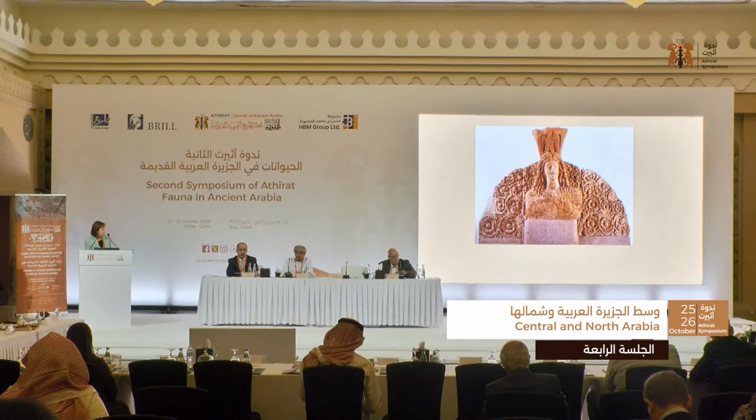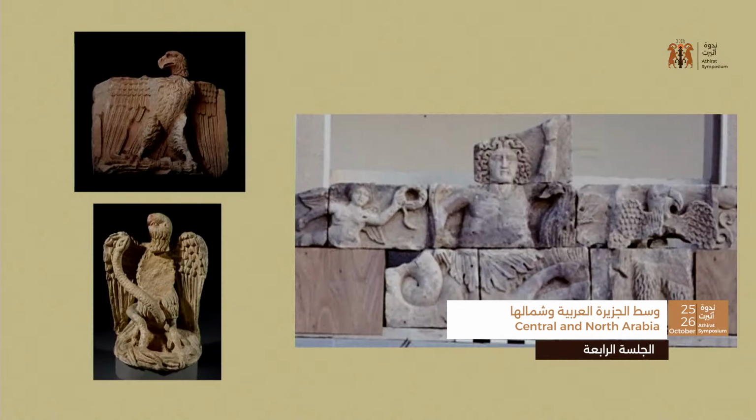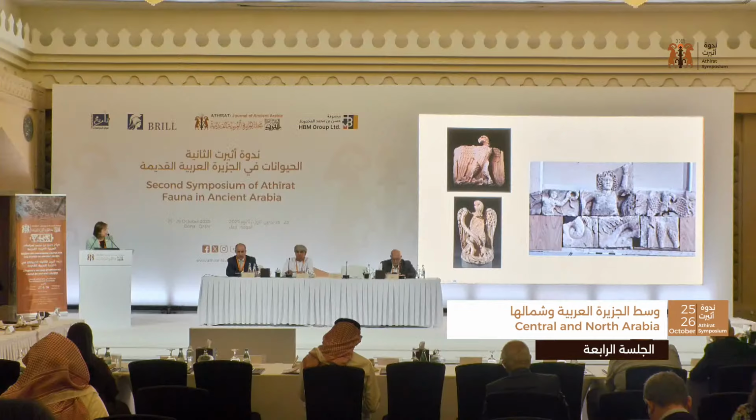This is the goddess Atargatis, and on top of her head is a spread-winged eagle. Also, eagles on the pediment of the temple of Khirbet edh-Dharih, we see it here, and we see eagles from other sites.